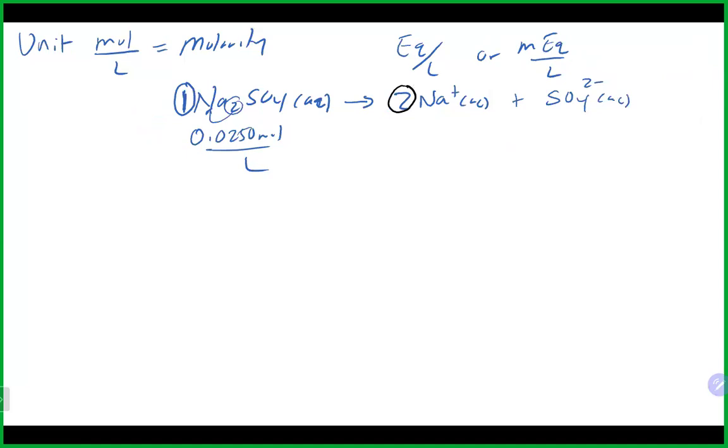So it's a 1-to-2 relationship. You get twice as much sodium for every one of those that goes for a swim. So how that affects this concentration is you need to multiply it by 2 to get the proper concentration of your sodium ions in that solution. And if I do that, I will end up with, maybe a calculator here.